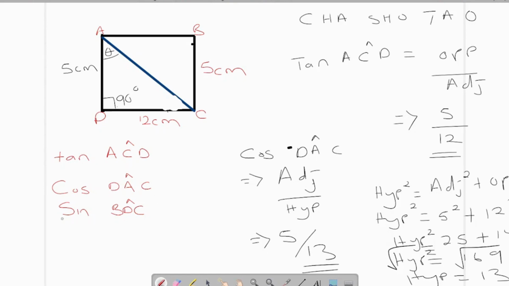And the final question is saying calculate the sine of angle BDC, in triangle BDC. So we have to draw our triangle BDC to split it from the whole diagram.